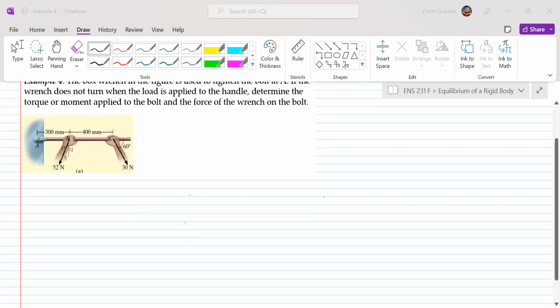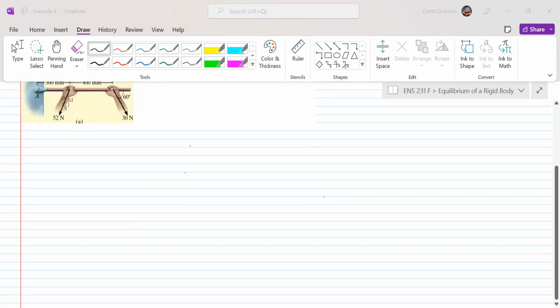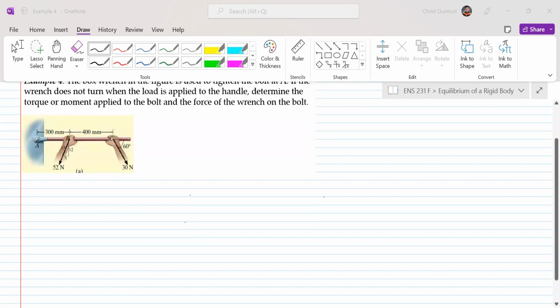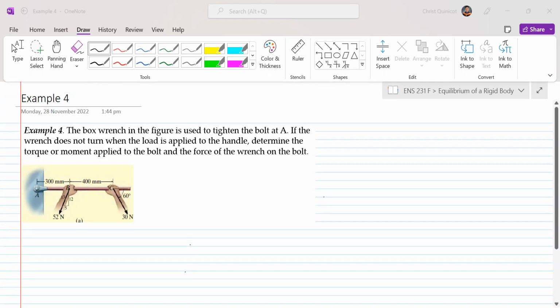So we write our free body diagram, and if you can observe, this is, in a way, kind of a fixed support.